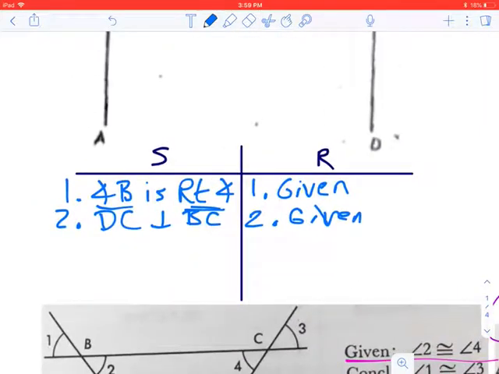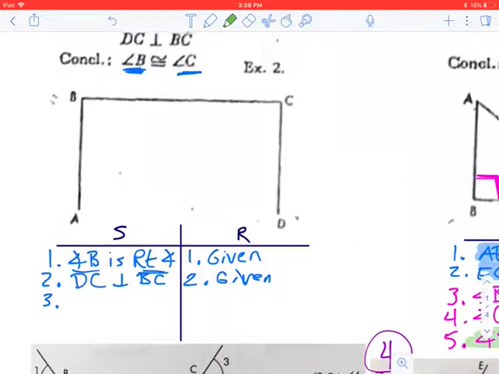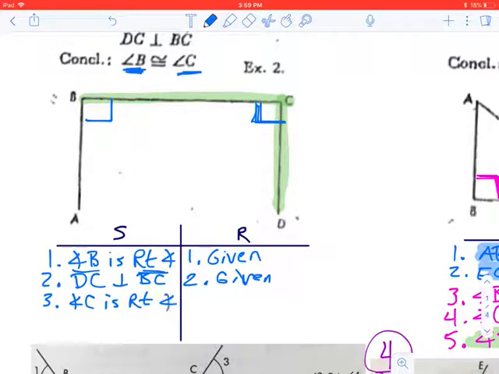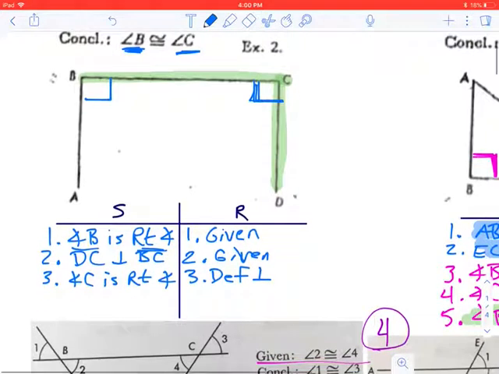So if I'm looking at this, that's exactly what perpendicular tells me. Okay, so DC is perpendicular to BC. So they create this angle right here. So B is already a right angle. And then if they're perpendicular, that means angle C is a right angle. And that's because of the definition of what was told to us, which is perpendicular. Okay?